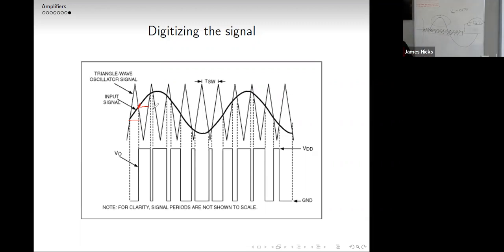All right, questions or comments on any of that stuff? This is our segue into, so here's one way that we were able to convert an analog signal into a digital signal.